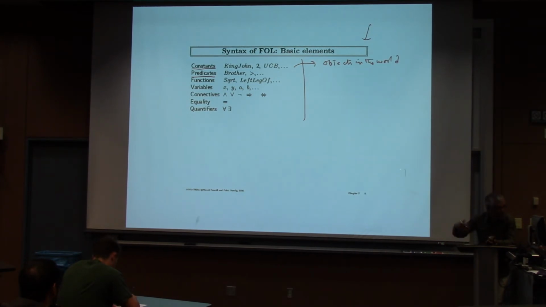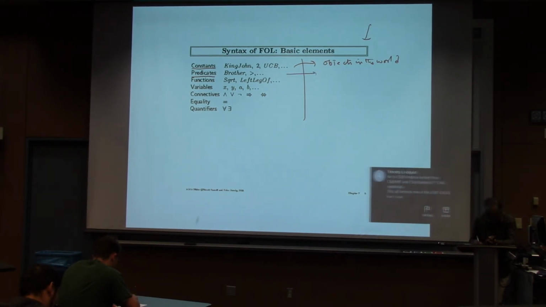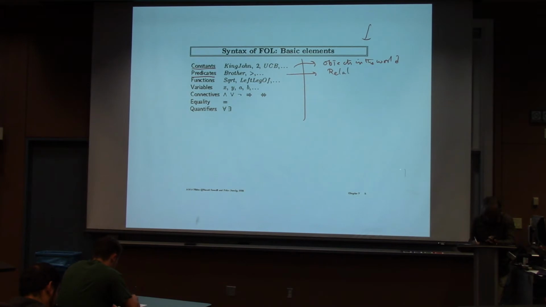So we'll talk about semantics in a minute again, but right now realize that constants correspond to objects in the world, predicates correspond to relations in the world. Okay? Functions correspond to object generators.